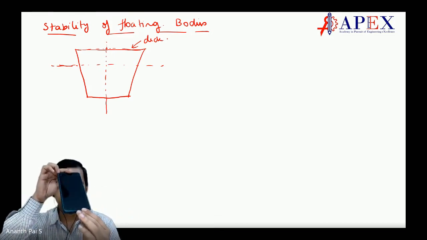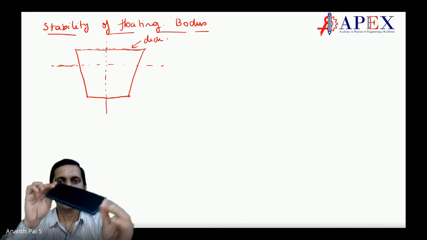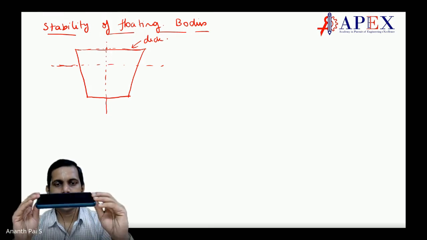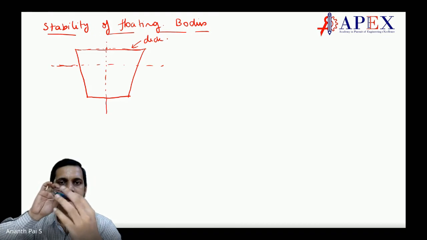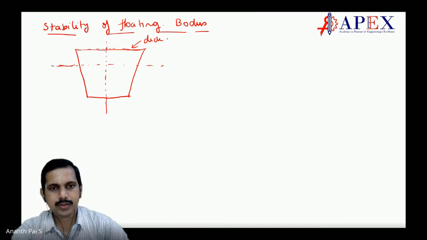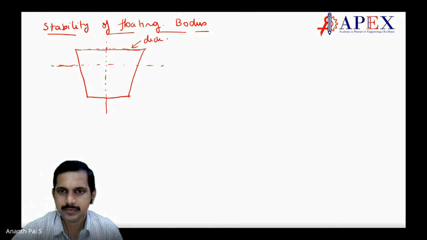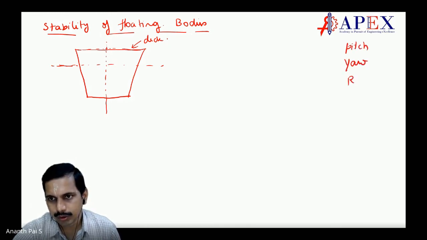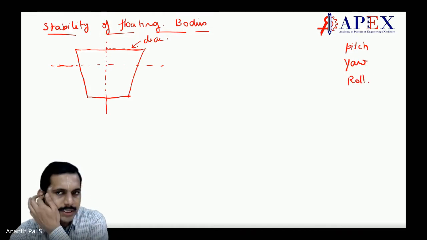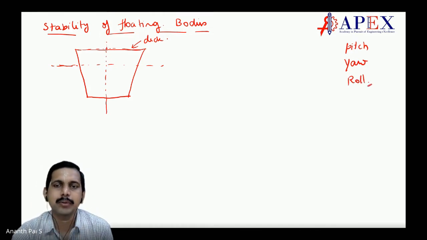Pitch, yaw, and roll. You see, it is rolling. So these are the three types of things which can happen. It is considered that the most unstable way is rolling.